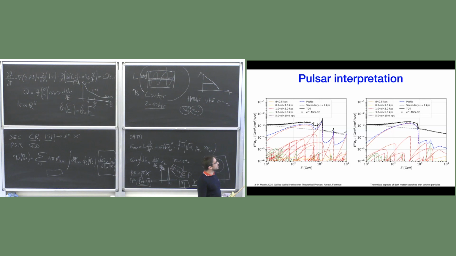Instead, if you have more sources contributing, you still need one dominant pulsar at low energy, but you could have other pulsars with a smaller contribution. And if the pulsars are young, let's say below 100 kiloyears, they inject spikes at high energy. Why do you need the pulsar to be young and close for very high energy positrons? Could an old and distant pulsar contribute to positrons beyond 1 TeV?